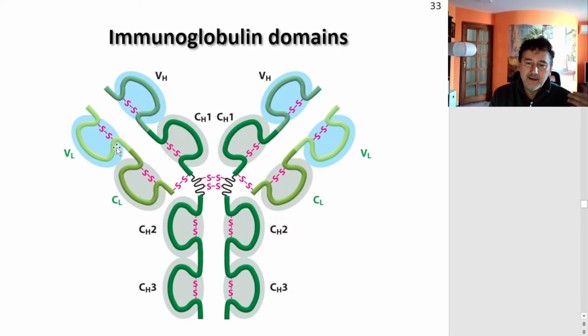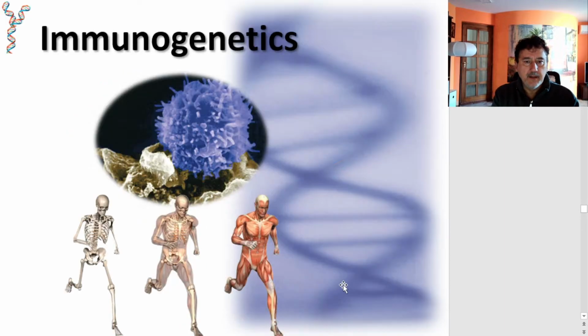These domains are repeated in the light chains. As you can see, there are two domains, one for the variable and one for the constant region, while in the heavy chain, the constant region is composed of three different domains.